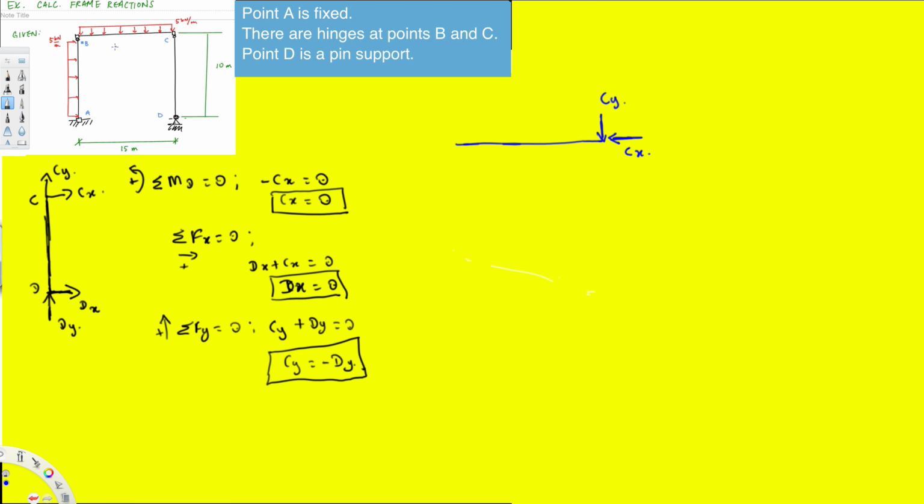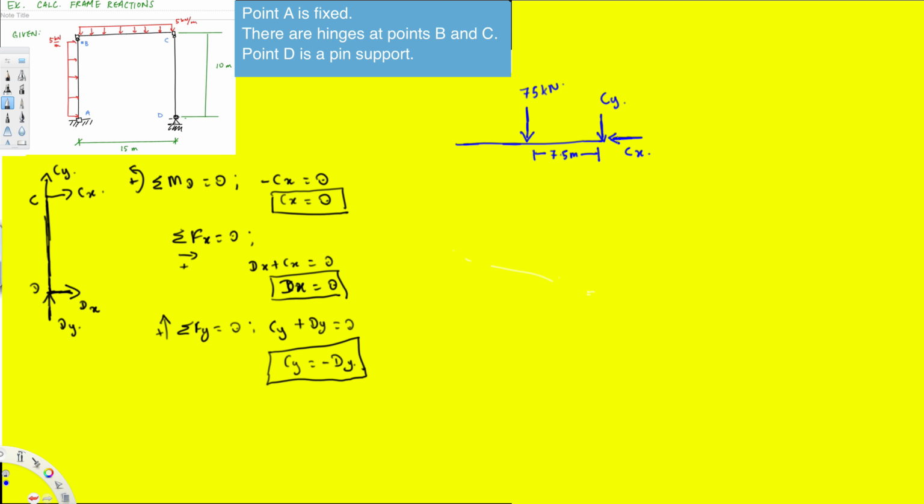Also, we have a distributed force between BC, and to calculate this one, I have to multiply it by distance, and that's going to act exactly in the middle. So 15 times 5 is going to be 75 kilonewton, exactly in the middle, and this is 7.5 meter away from each side.